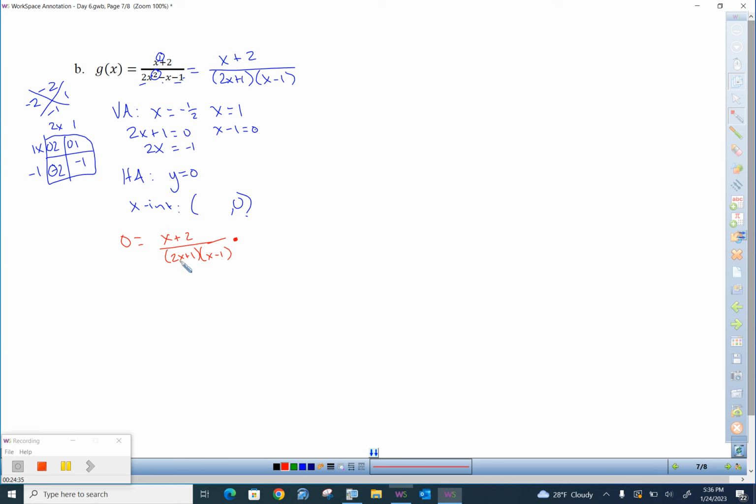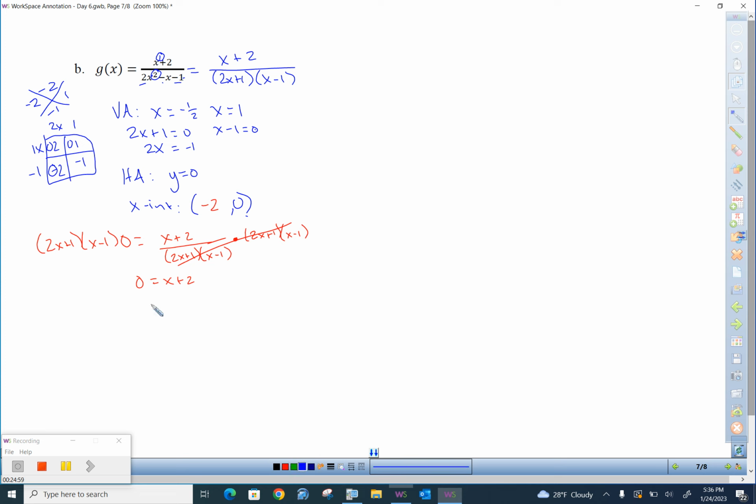Multiplying the whole thing over to get rid of that fraction. But when we multiply by 0, it's just 0. And solving that, we get a -2.